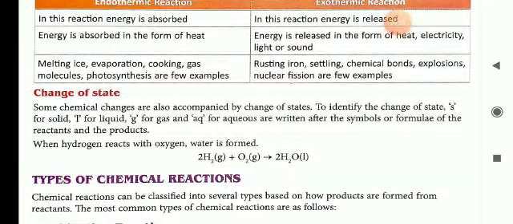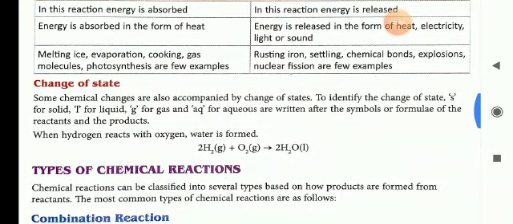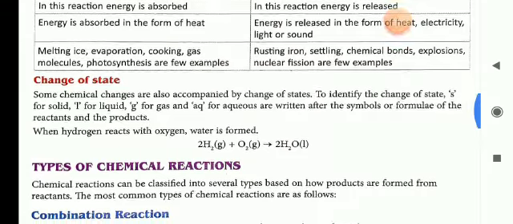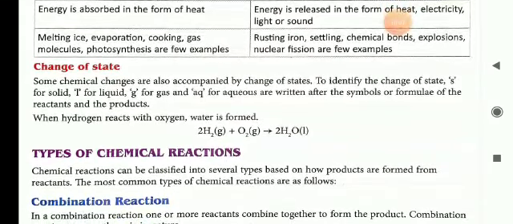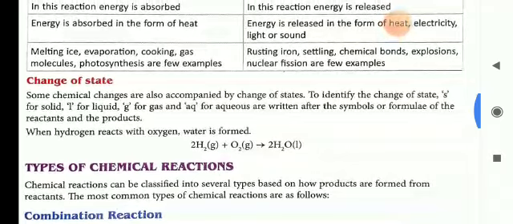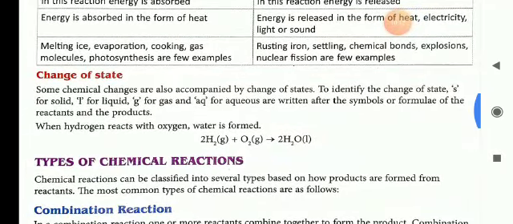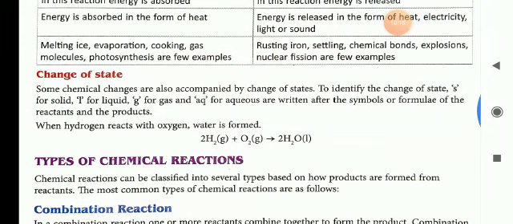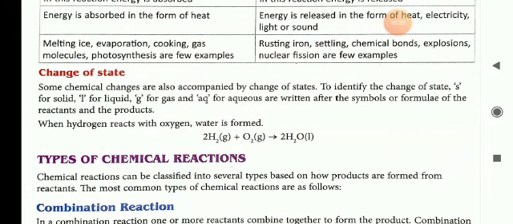And the last characteristic is change of state. In some chemical changes, there is change of state. And to identify this, S for solid, L for liquid, and G for gas, and also AQ for aqueous are written after the symbols or formula of the reactants and the products.